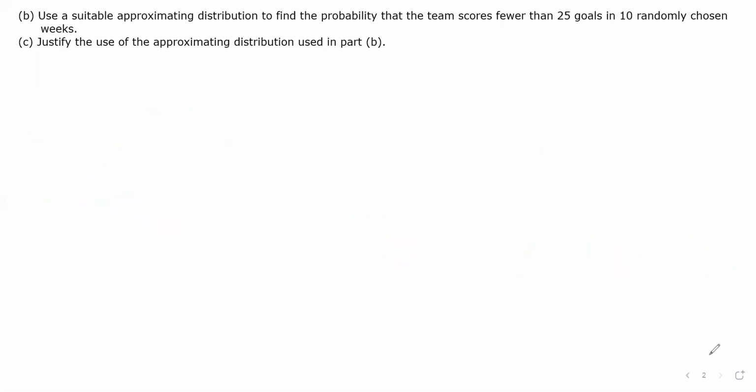For part B, you are asked to use a suitable approximating distribution to find the probability that the team scores fewer than 25 goals in 10 randomly chosen weeks. We can let Y be the total number of goals scored in 10 weeks.